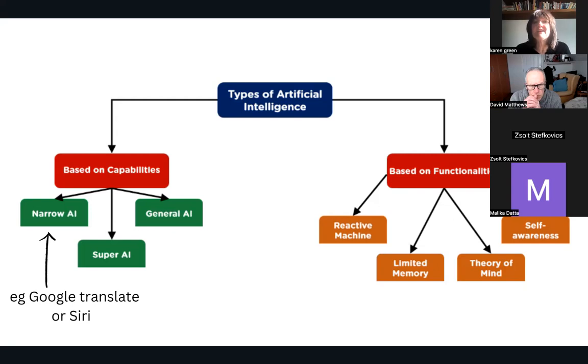My French isn't bad, but occasionally I get lazy and you just pop a translation into Google Translate and it comes back with some reasonable translation. Honestly, my French has got a little bit better. It's not perfect. Siri, Alexa, all of those are narrow AI, so they're in one very specific area, but as I say, they're not really intuitive, and whilst they are learning and getting better, they're not perfect.